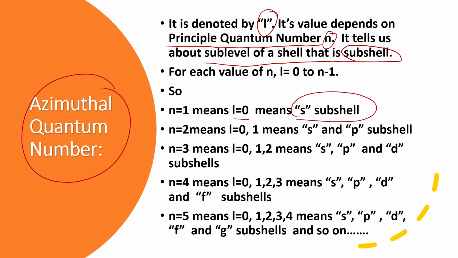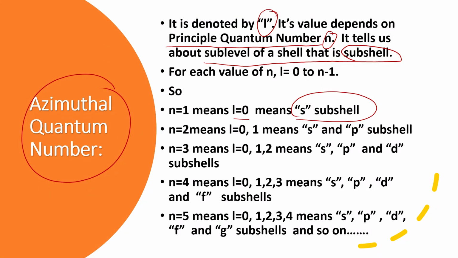The s subshell is spherical, a place where the electron can be, in a spherical shape. So the first energy level has this s subshell.